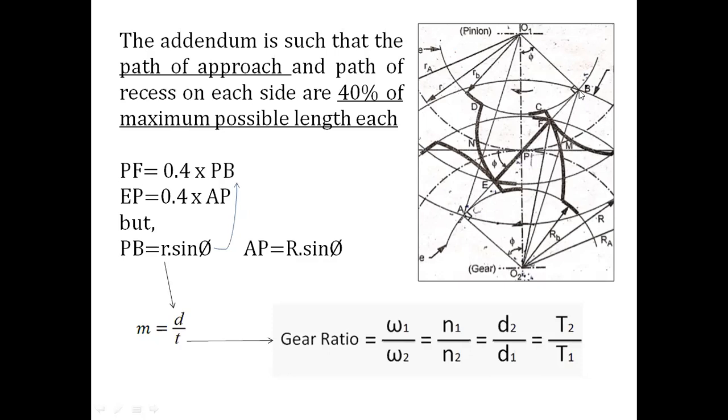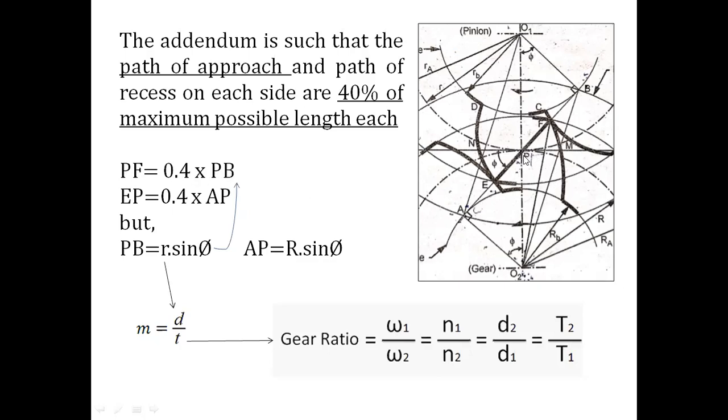Up to B, interference does not occur. So maximum possible length of path of approach is PB. Okay, so PF, path of approach, is 40% of maximum possible length of path of approach, PB. So in the numerical, I am writing that statement: PF is equal to 0.4 into PB.